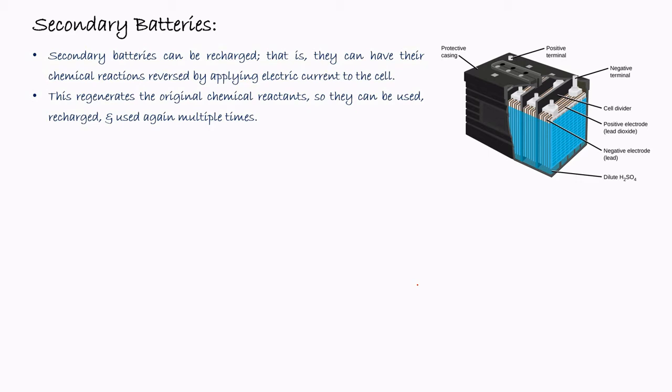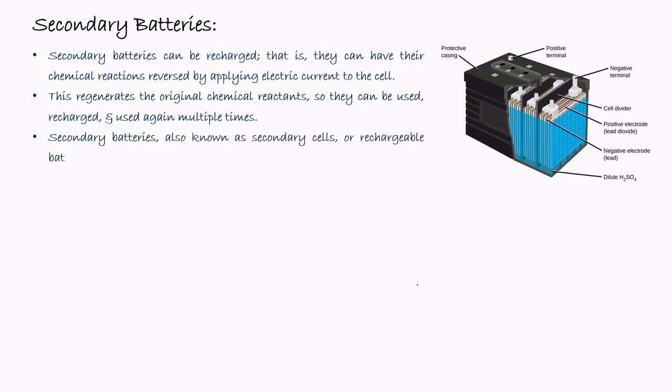So the basic difference between the primary and secondary battery is that the primary battery cannot be recharged. Once the battery is fully discharged, it has to be replaced. Whereas a secondary battery can be recharged again and again, so it can be used multiple times.